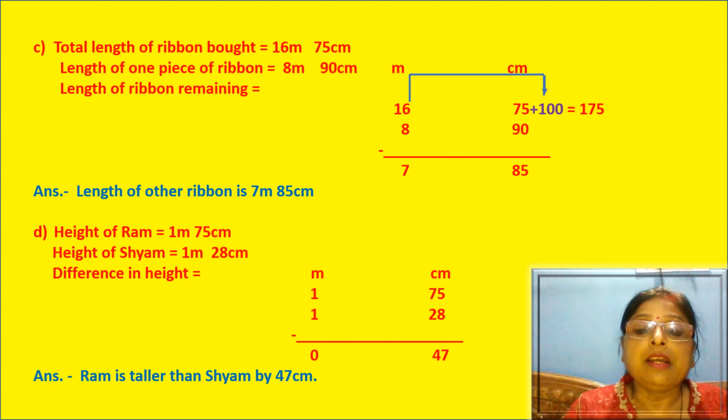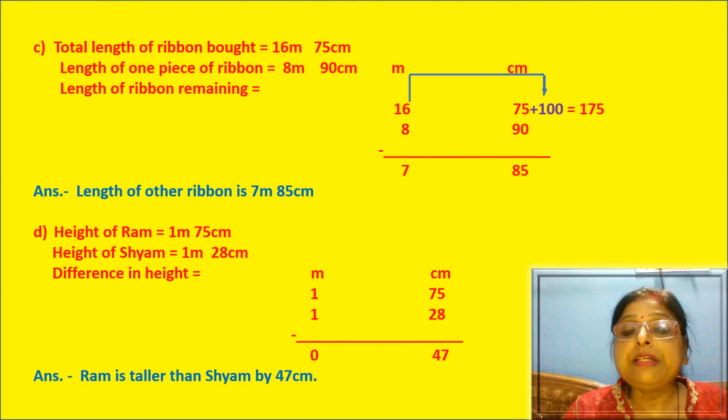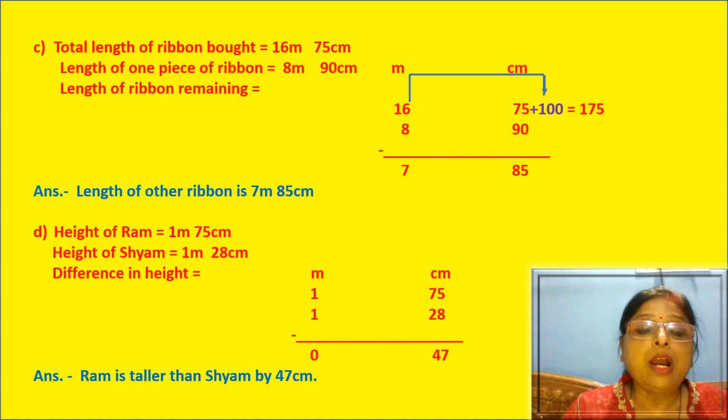So write here in the respective column 1 meter 75 centimeter and subtract 1 meter 28 centimeter. After subtraction you are getting 47 centimeter. So in the answer column you have to write Ram is taller than Syam by 47 centimeter.